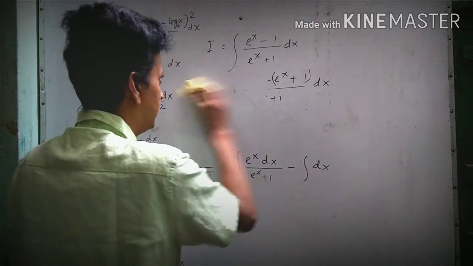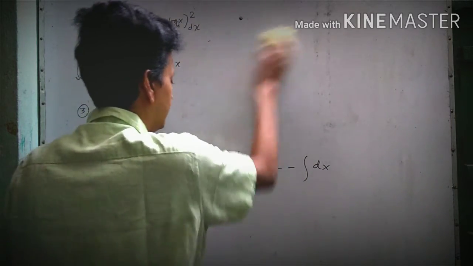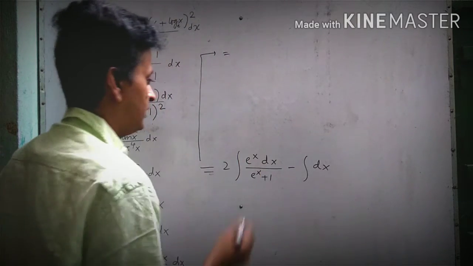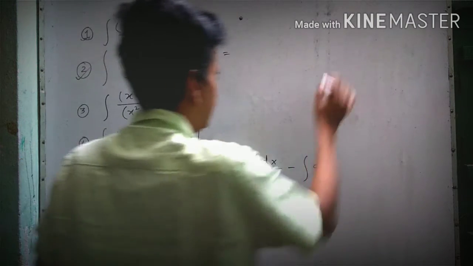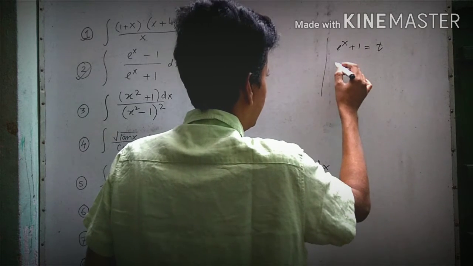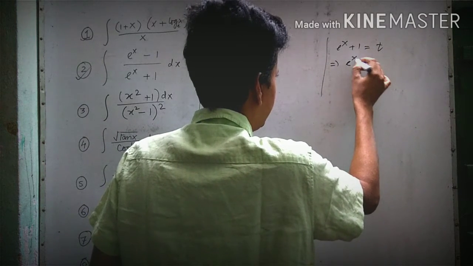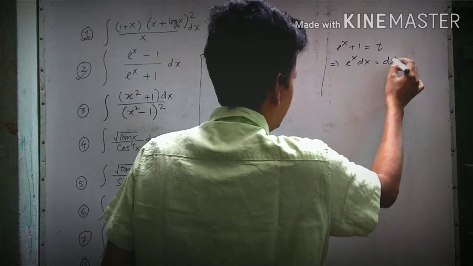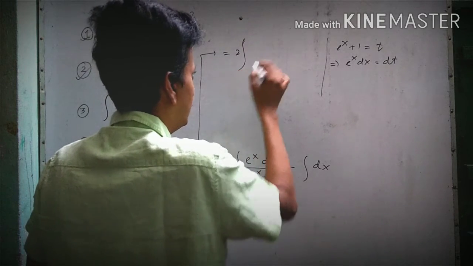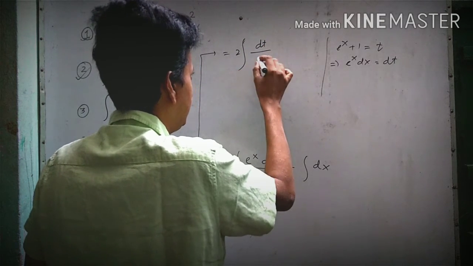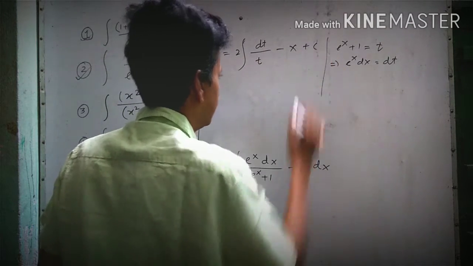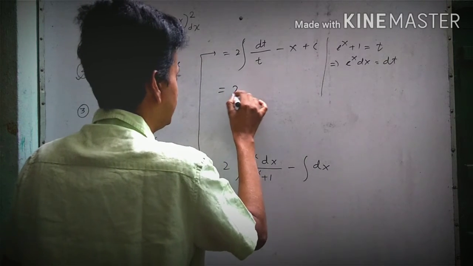Now come to the next step. For the first integral, let us assume e to the power x plus 1 equal to t. Therefore, e to the power x dx equal to dt. So we can write this as 2 into dt by t minus integration of dx equal to x plus c.